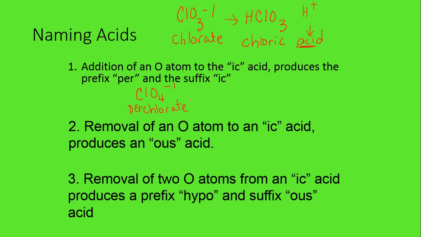So if we were going to try to name that, what would it look like? If it were to become an acid, it would become HClO4. So we now take that perchlorate and it now becomes perchloric acid.